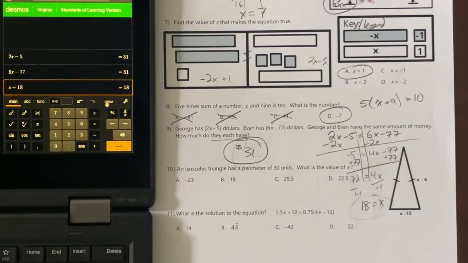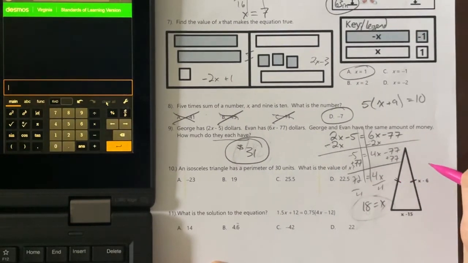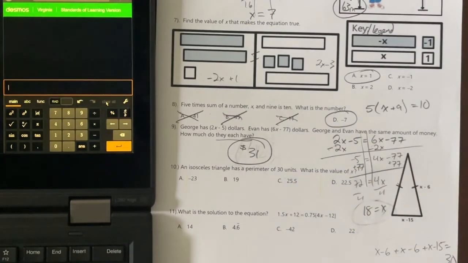All right. And then for number 10, it has an isosceles triangle, has a perimeter of 30 units. What is the value of x? Since these two side lengths are the same, I can add up all the sides. I can say x minus 6 plus x minus 6 plus x minus 15 is equal to 30 units. Again, you can type this into your wonderful calculator.